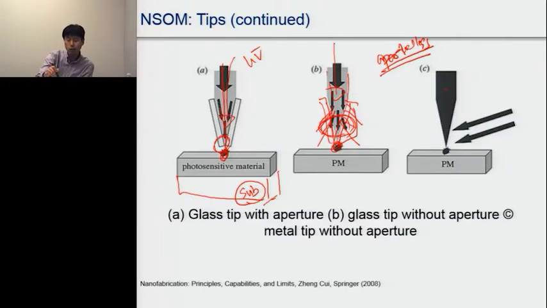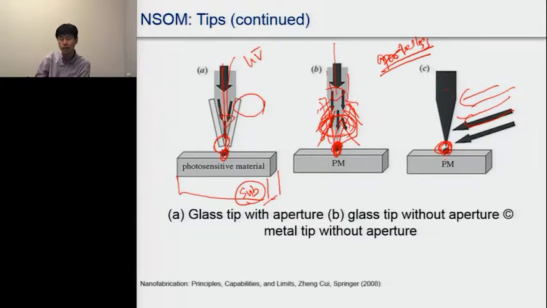Even though the light intensity is highest at the tip, there is also some intensity from the other side of the exposure. So it's a little bit more complicated than the aperture type. And when we use a metal tip and apply the light from the outside at the very sharp point, it has a much higher intensity.